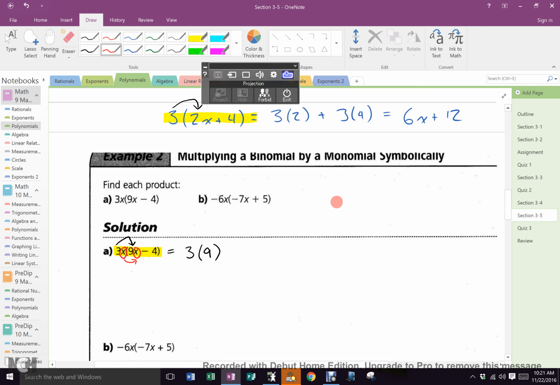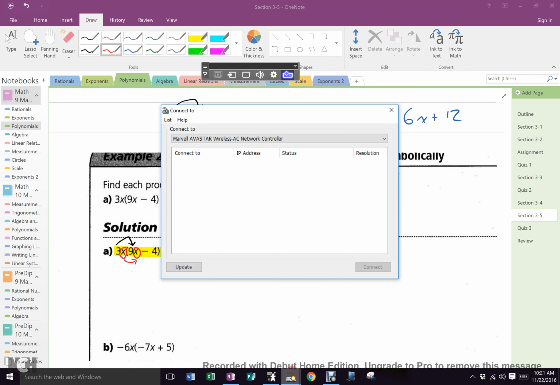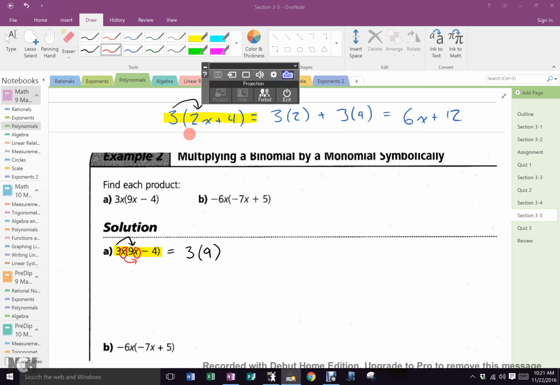But we also know, not just from our drawing, from our last unit that x really has an exponent of 1, doesn't it?